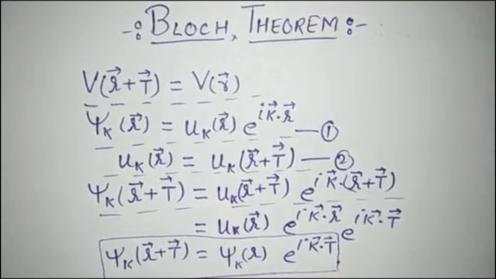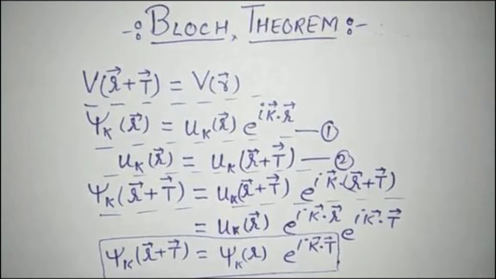And the other condition is that if we go towards the end, we will get the same function as before. So we can imagine that it is just a circular lattice that is repeating itself. So psi at x will be the same at psi at x plus a, psi at x plus 2a, psi at x plus 3a, and so on. So it is just repeating itself. So we get two boundary conditions.